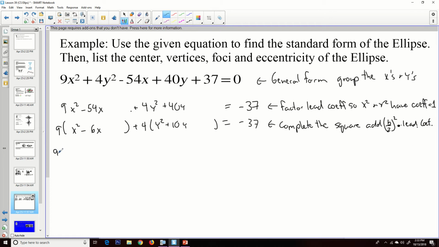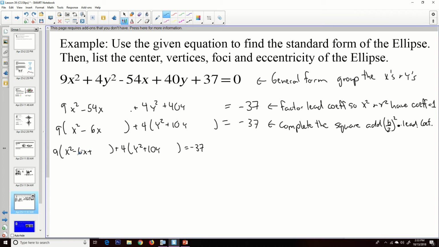So I've got my 9, I've got my x squared, I've got my minus 6x, and we'll put parentheses there, plus 4, I've got my y squared plus 10y, and then we have our minus 37. Okay. So I'm going to add half of that number squared.